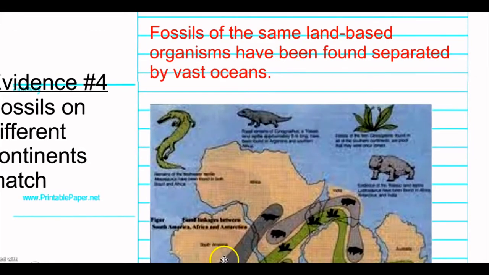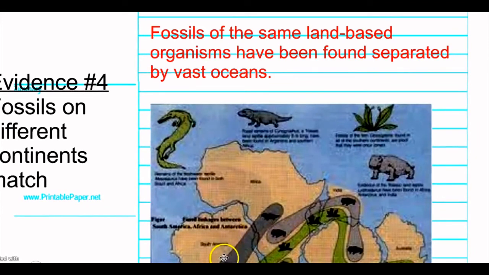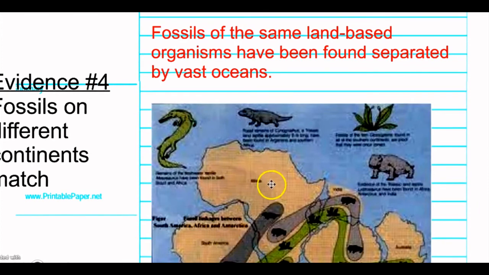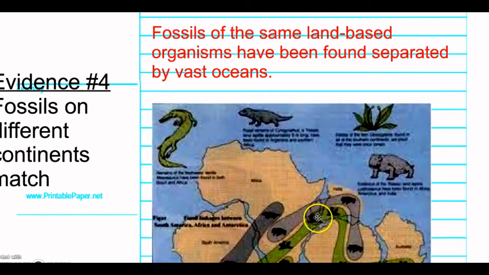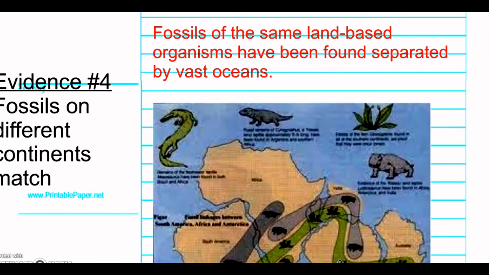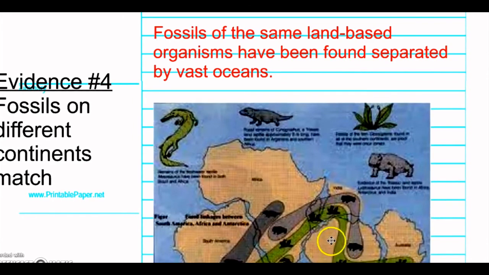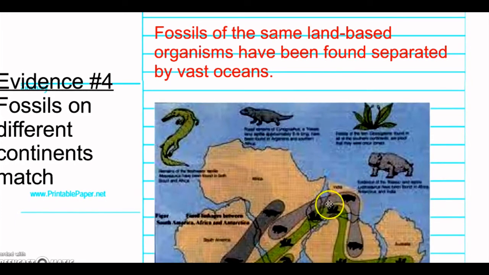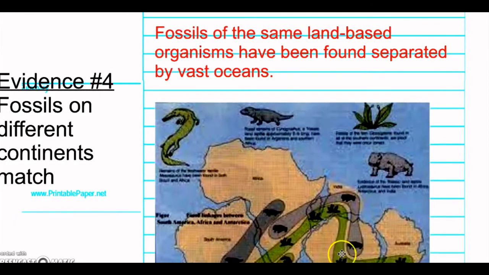We're back to this picture of if you pull these different land masses together, if you pull South America up to Africa, and India down here, and Antarctica up along this way, with Australia off this side, you'll see that the fossils that we find end up matching up.